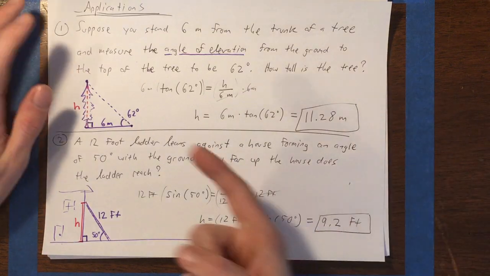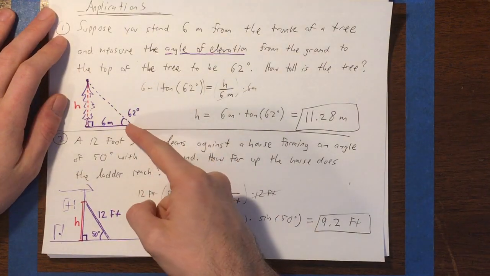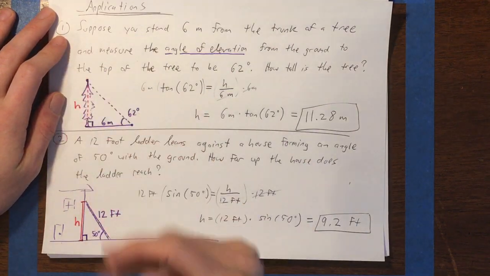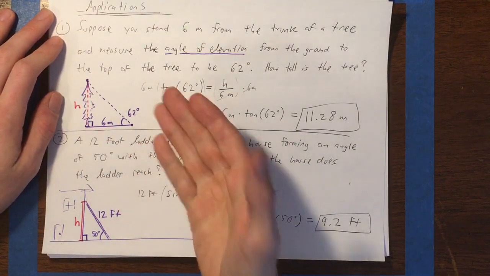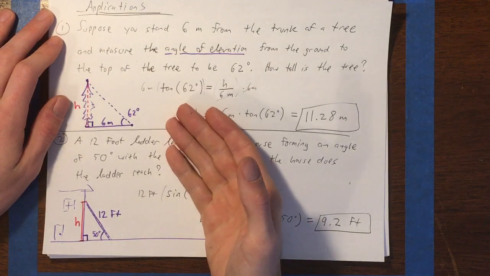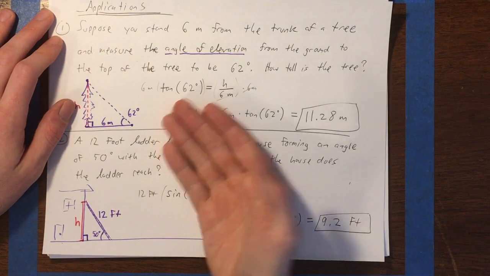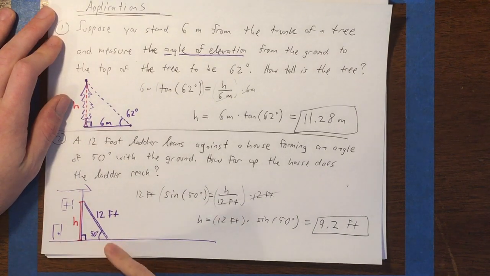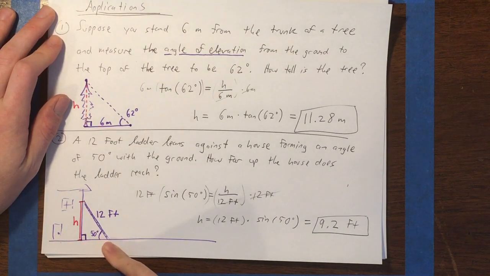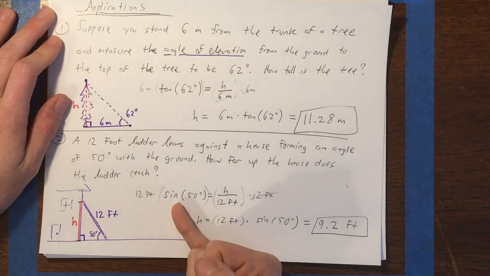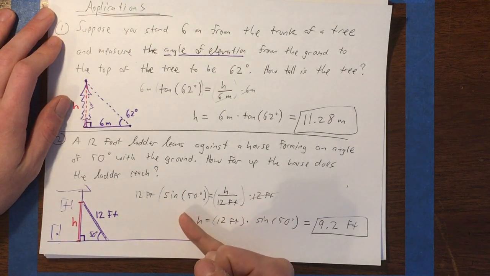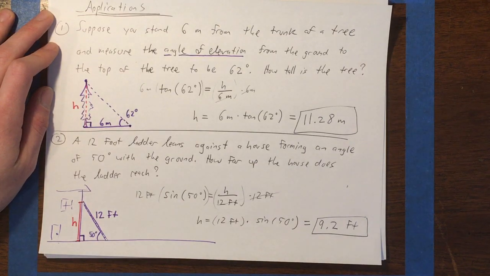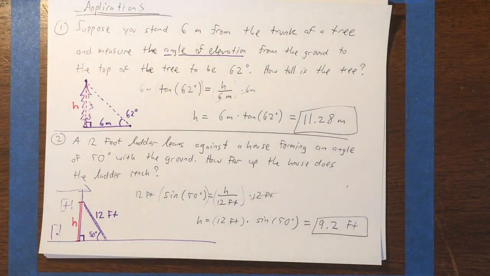Like in this first example, because we were not given any information about the hypotenuse length, and we also are not being asked to calculate the hypotenuse length, we specifically avoid using any trig function that involves the hypotenuse length, right? And then similarly for the second example, we didn't know anything about this adjacent side, and we weren't asking for the adjacent side, so we specifically chose a trig function that doesn't use the adjacent side. So that kind of logic, I want you to think along those terms when choosing which trig function to use for a problem.